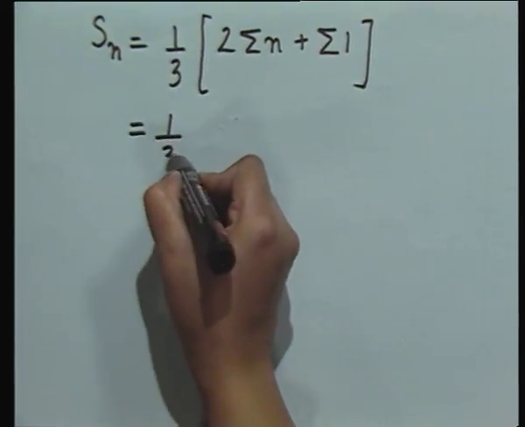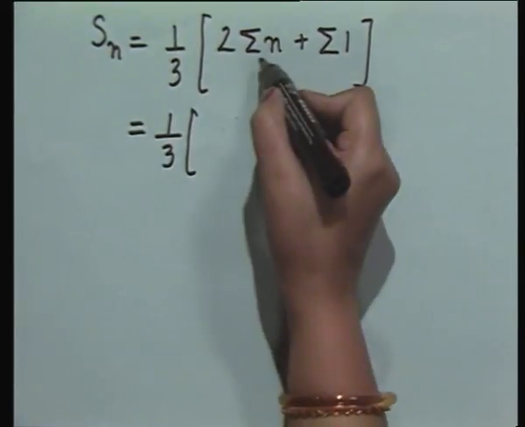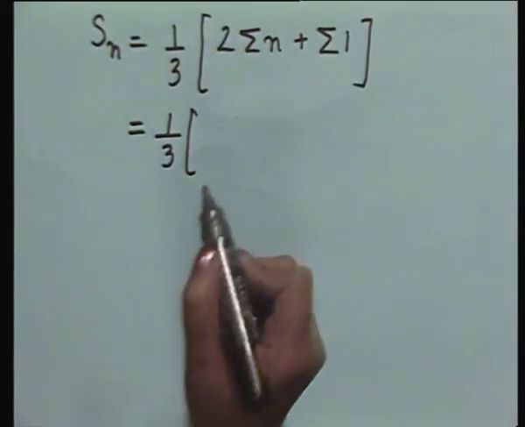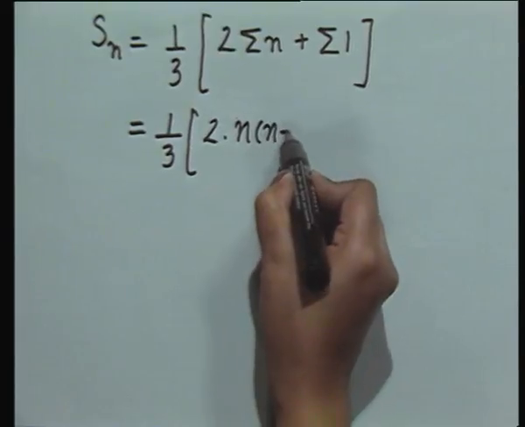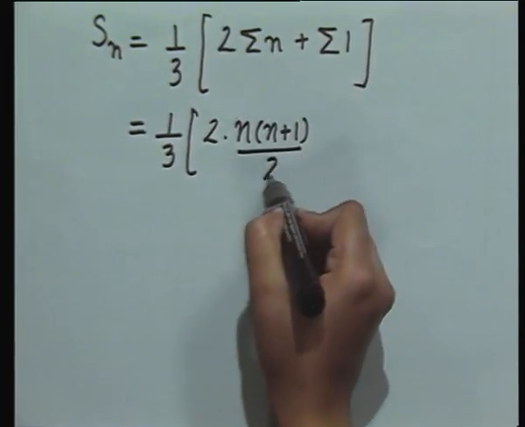Therefore, 1 by 3, as I suggested, sigma n is, remind yourself, a way to replace sigma k, where k varies from 1 to n. It remains the sum of the first n natural numbers, and therefore it has the value known to us as n into n plus 1 by 2.